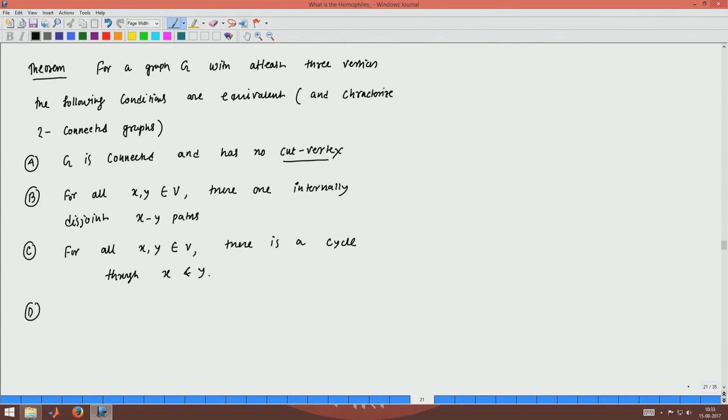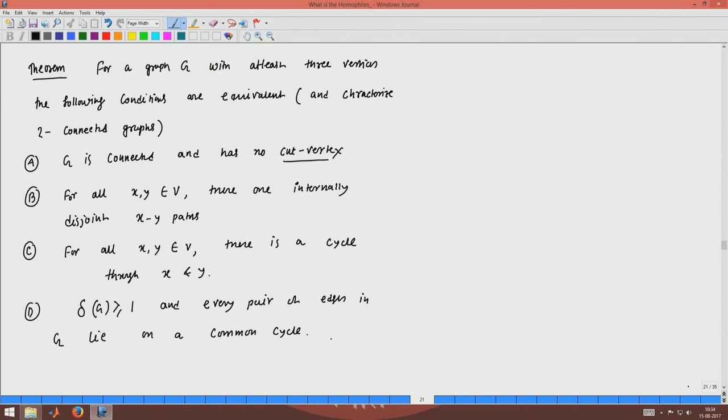And condition D is the minimum degree of the graph G is greater than or equal to 1 and every pair of edges in G lie on a common cycle.